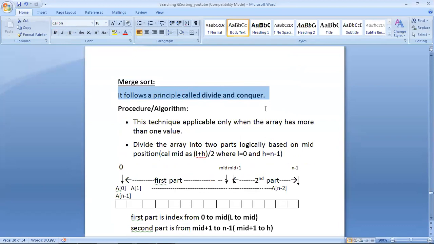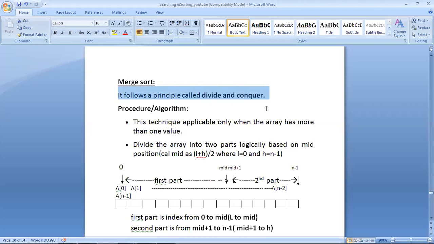Even subproblems can be further divided into smaller subproblems until each subproblem can be solved easily. That is called the divide step. Conquer means combining the solutions of the subproblems to get the overall solution of the problem. That is called the conquer step.